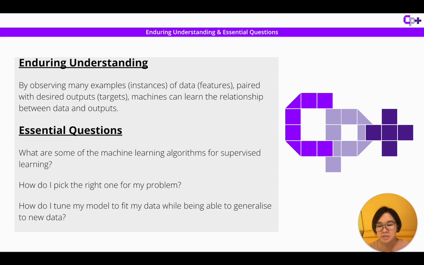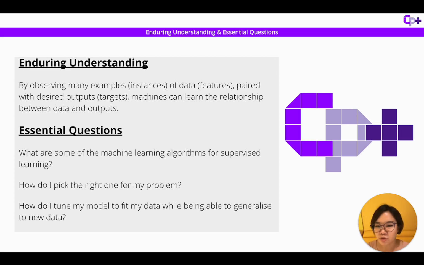You can think of this as something similar to when you do your math homework or your physics homework, and then your teacher provides you feedback, the answers, and then from there you learn the relationship between the questions as well as the answers. So you understand that certain questions need to be solved using certain methods, certain formulas, in order to get the correct output, the answer that you want, or the answer that the teacher wants.